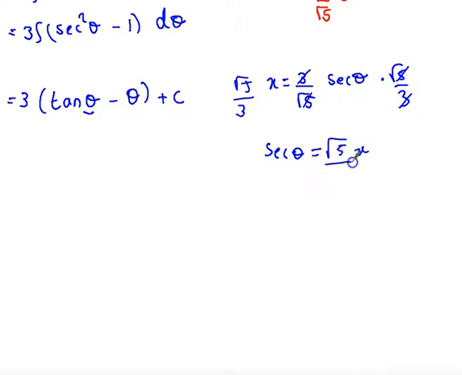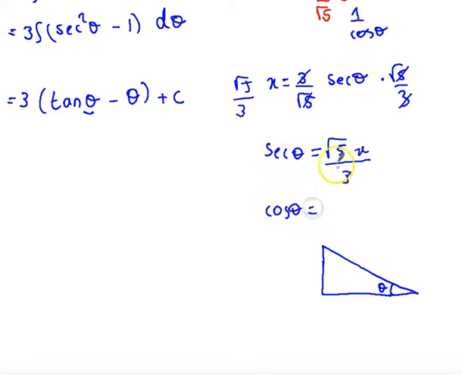Now let's look at the right triangle. Suppose that this is theta. In this triangle we know sine, cosine and tangent, so it's better to transform secant to cosine. We know that secant is equal to 1 over cosine theta. So in this case, cosine theta will be equal to 3 over radical 5x.